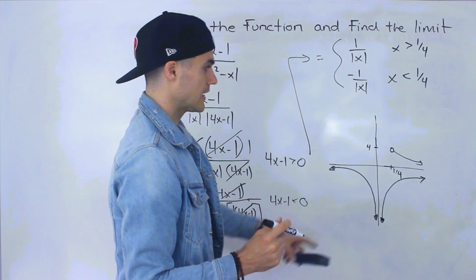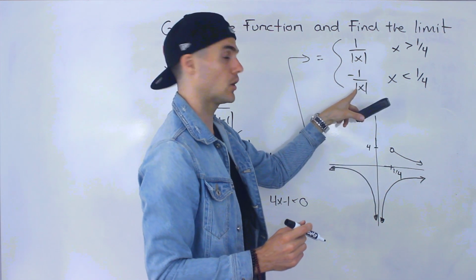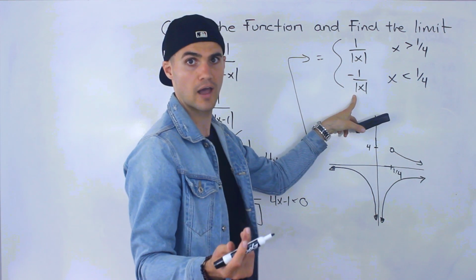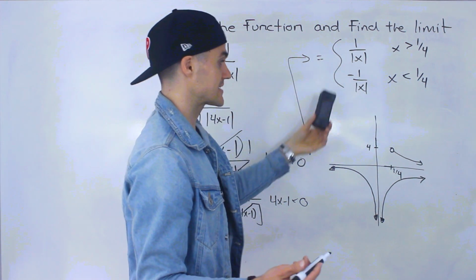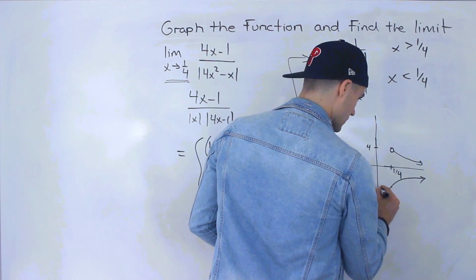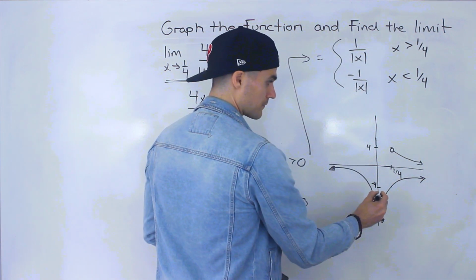Okay, and if we plug in that x value 1 over 4 here, we're going to have -1 over +1 over 4, or -1 over 0.25. And that's going to equal -4. So this, it's going to be -4 there.